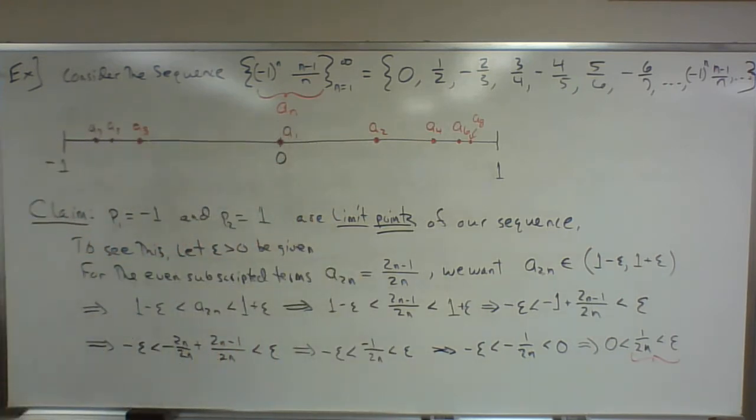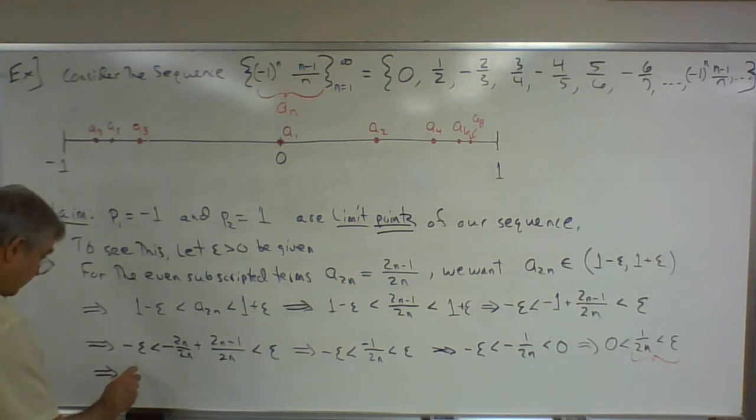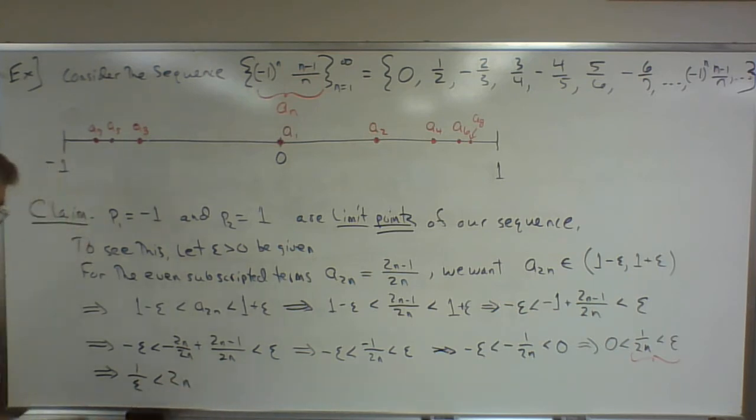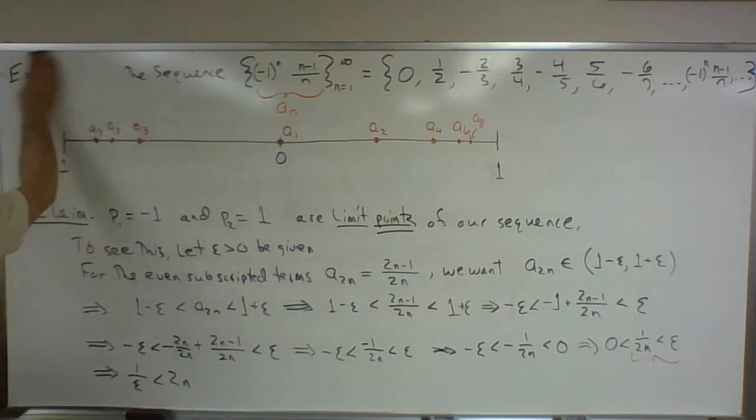I want to key in on that. And I'll multiply both sides by 2n, I guess. Okay. So 1 over epsilon is less than 2n. And exactly what does that tell us?